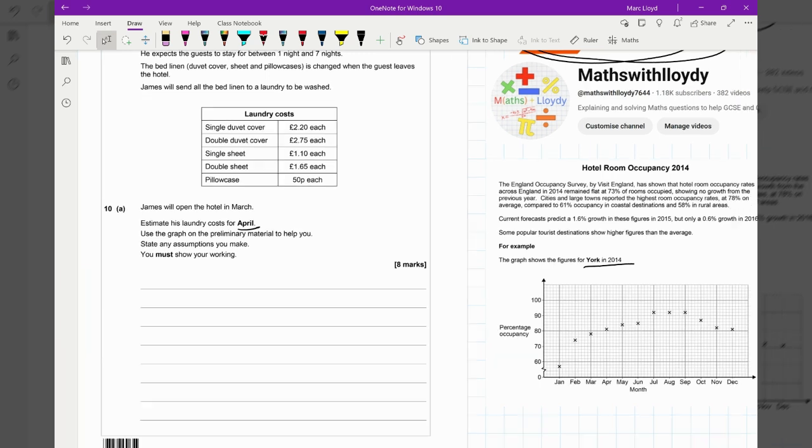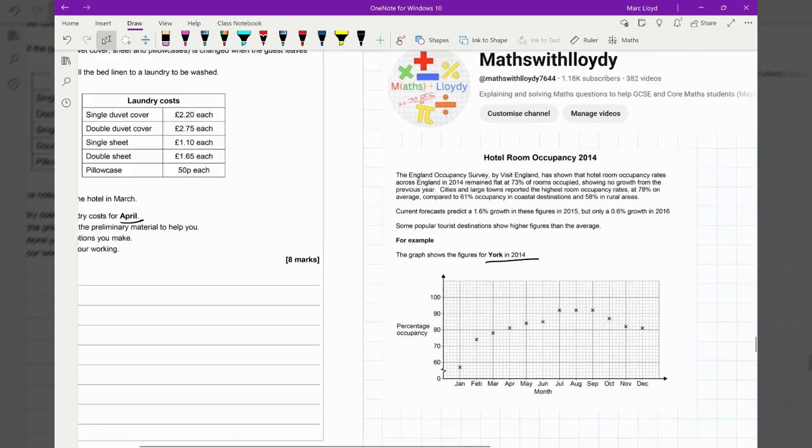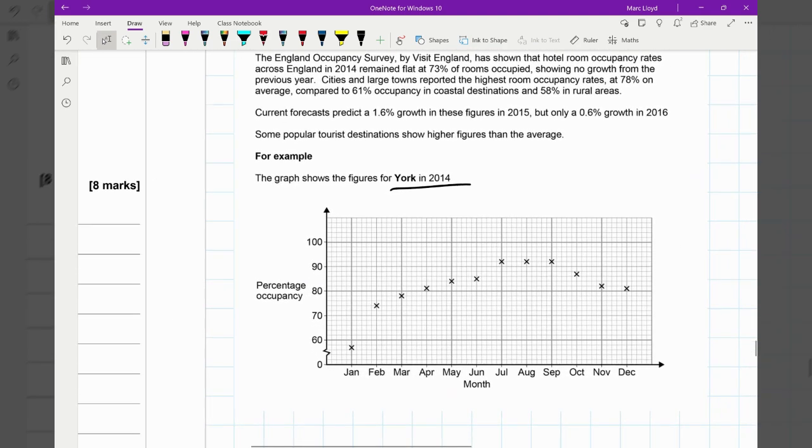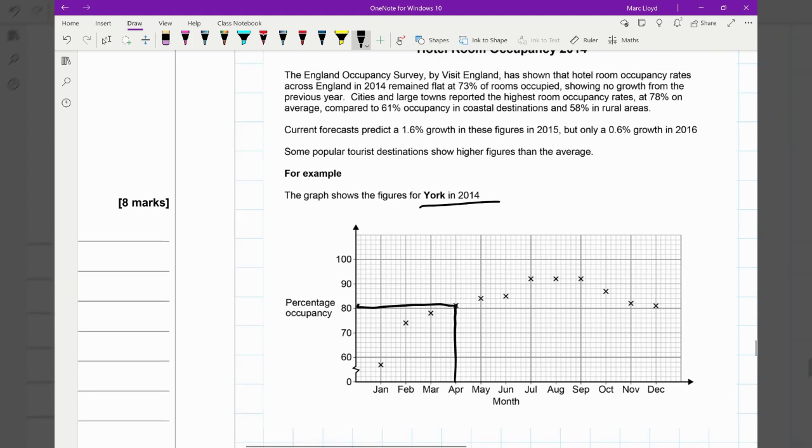That's fine. So in April, let me have a look at this. Well, anyway, that's irrelevant, all those words, because we've got April up to here, and then we've got a line here. So what it's saying is about 81% of occupancy.